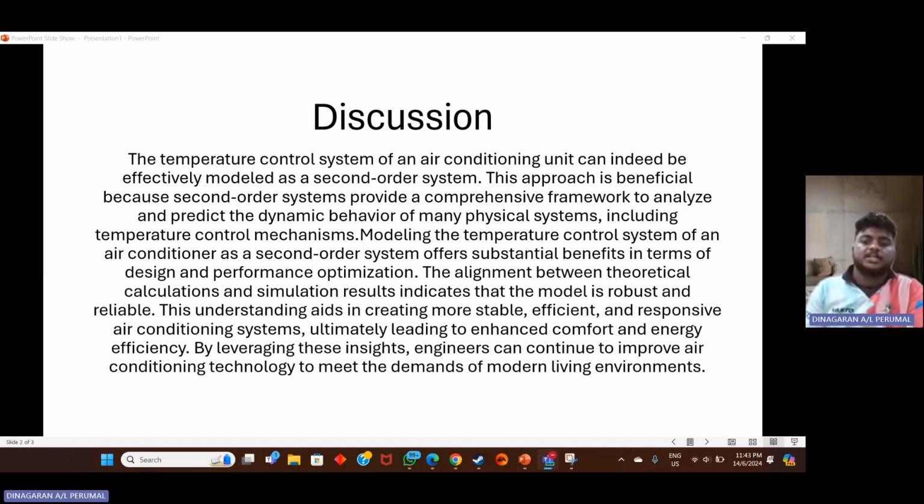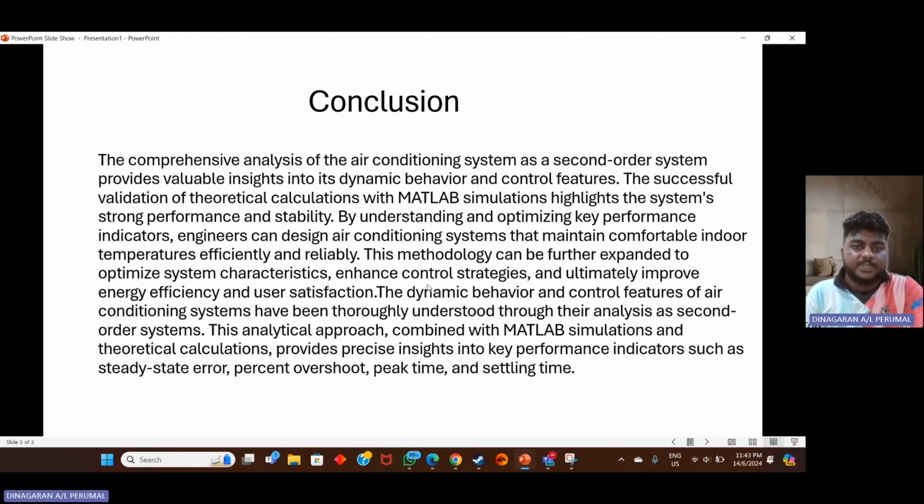Last but not least, we see about the conclusion. Okay, the conclusion, the comprehensive analysis of an air conditioning system as a second order system provide valuable insight into its dynamic behavior and control features. The successful validation of a theoretical calculation with MATLAB simulation highlights the system's strong performance and stability.